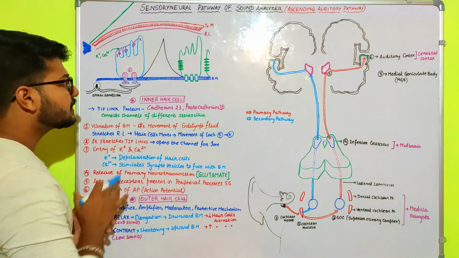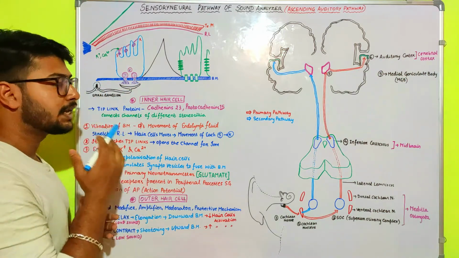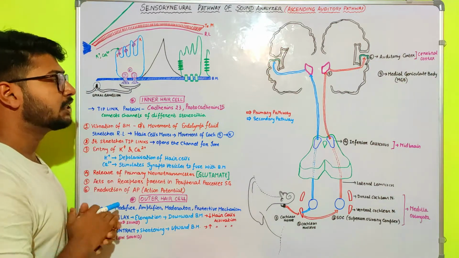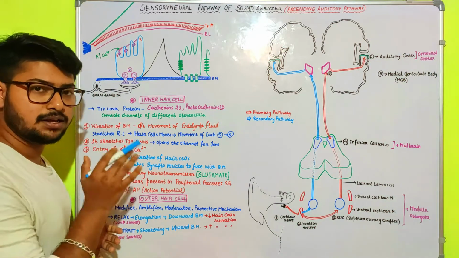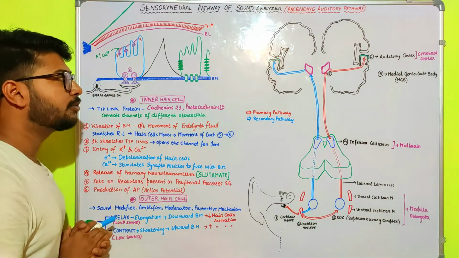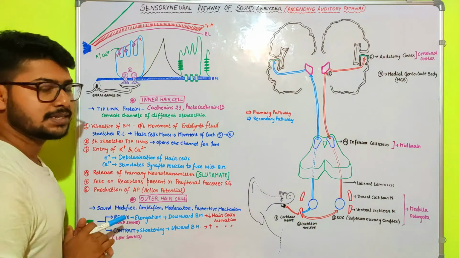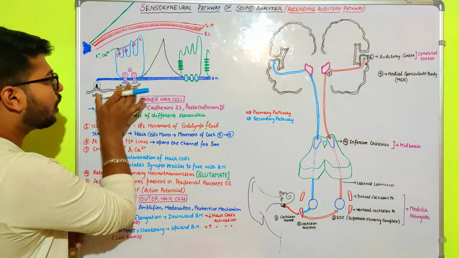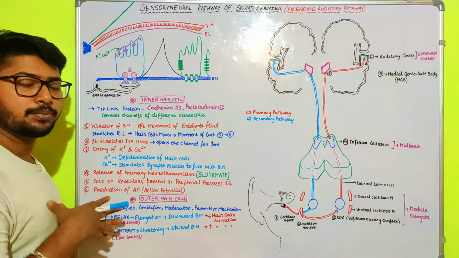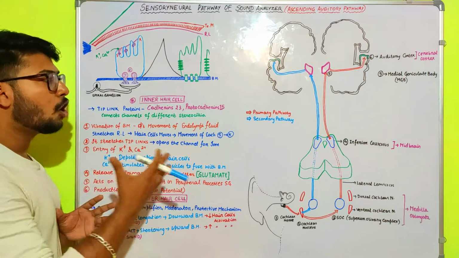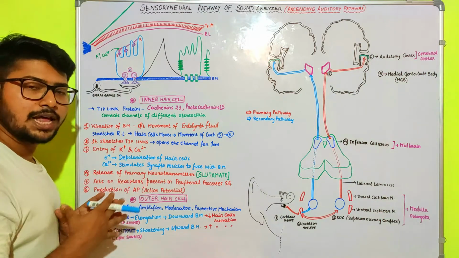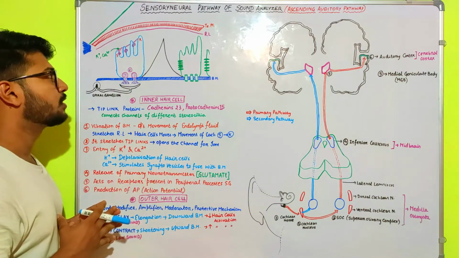These inner hair cells are the primary receptor cells that contribute to 95% of the generation of action potential in the cochlear nerve, whereas 5% is contributed by the outer hair cells. So the inner hair cells play most of the role in receiving the sound stimuli, and also help in responding to the sound stimuli.